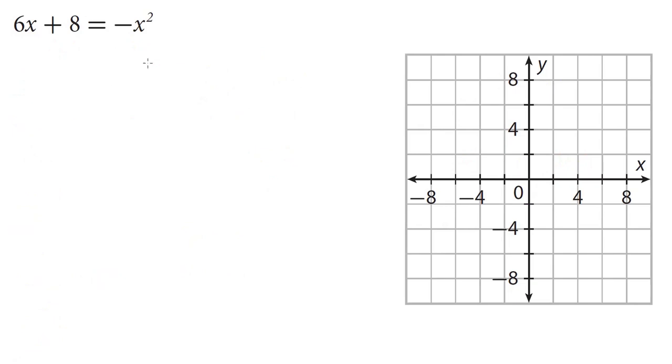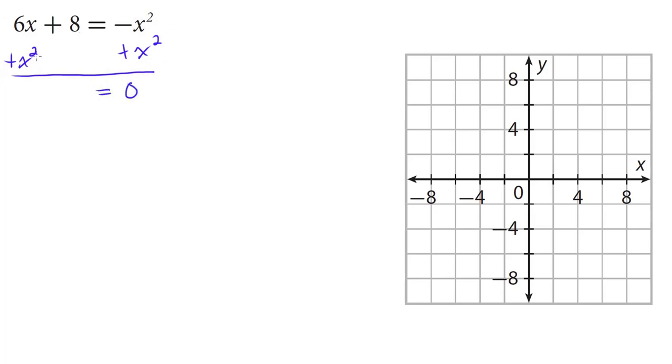All right, so let's take a look at this quadratic equation. 6x plus 8 equals -x squared. Remember, we want to set this equal to 0. So in order to get rid of this -x squared, in order to make this side equal to 0, I need to add x squared to both sides. So -x squared plus x squared, that leaves me with nothing or with 0.